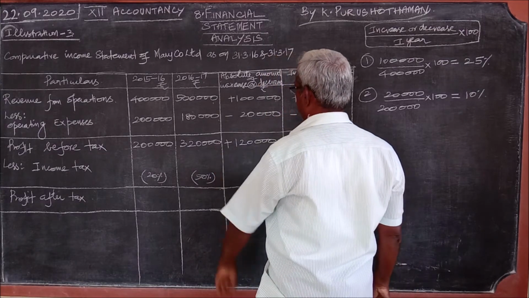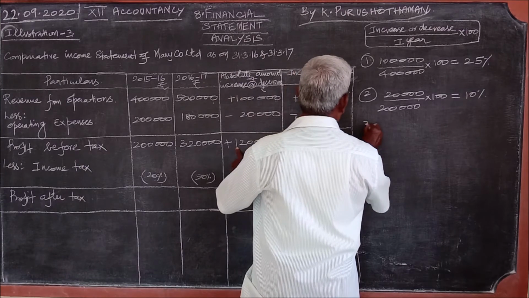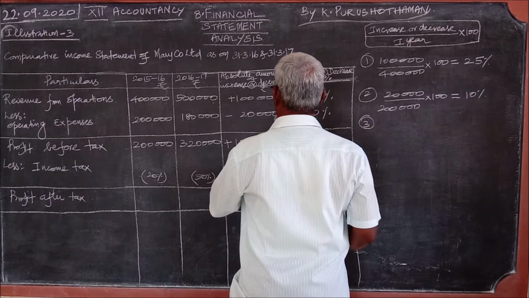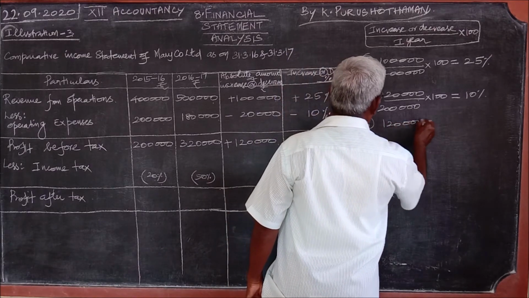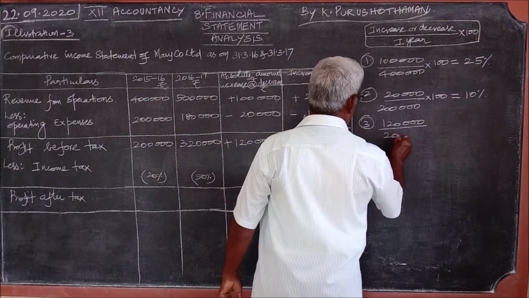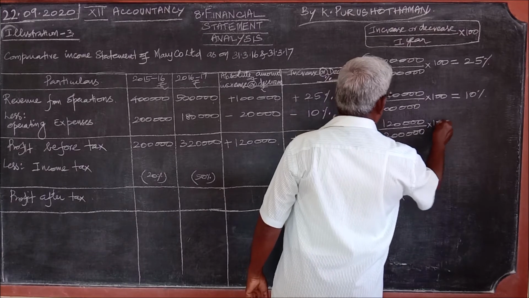Then regarding the profits, there is an increase: plus 1,20,000 increase by first year 2 lakhs into 100.